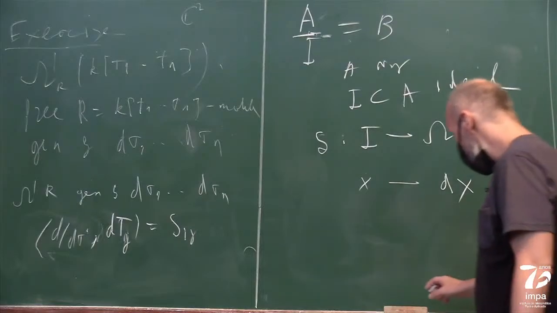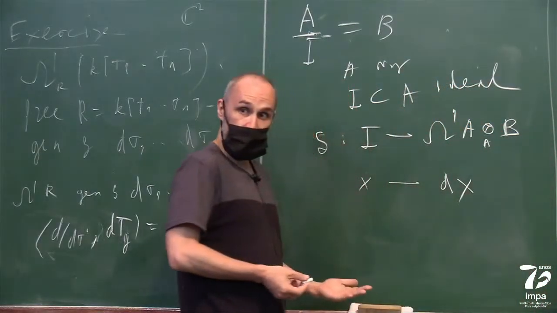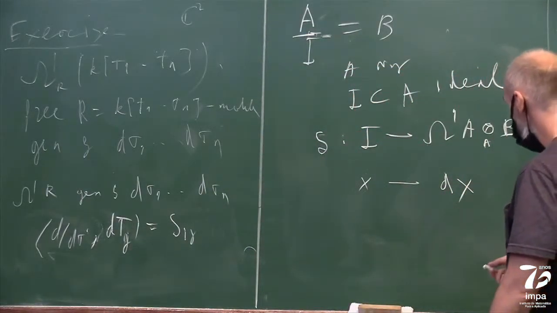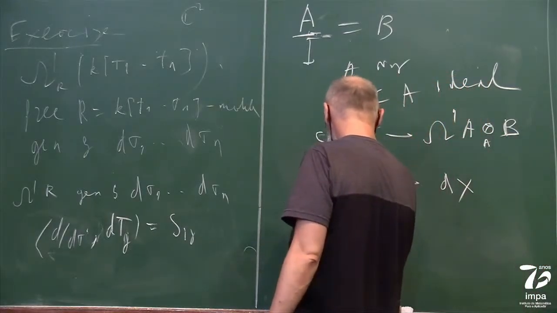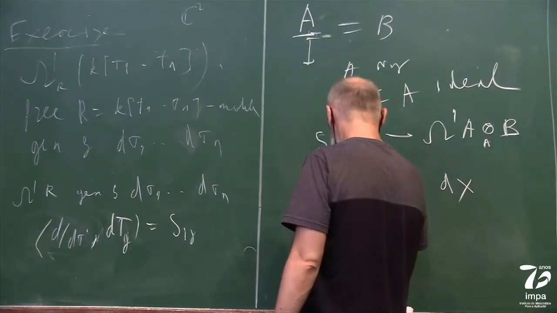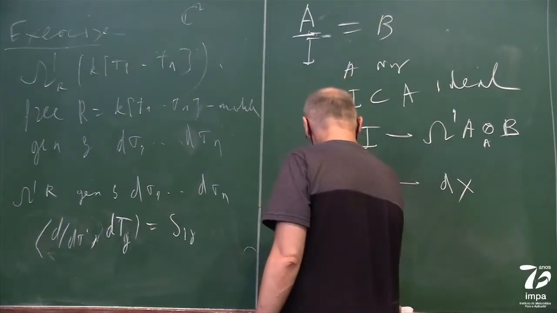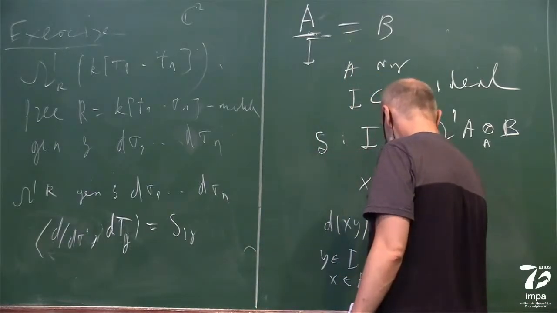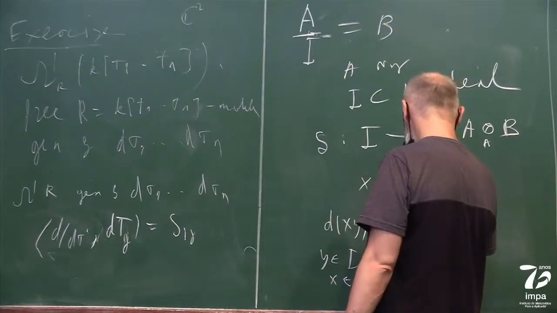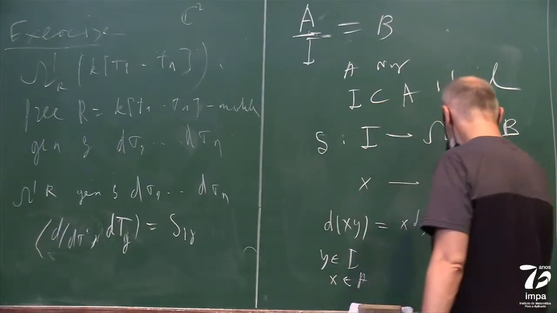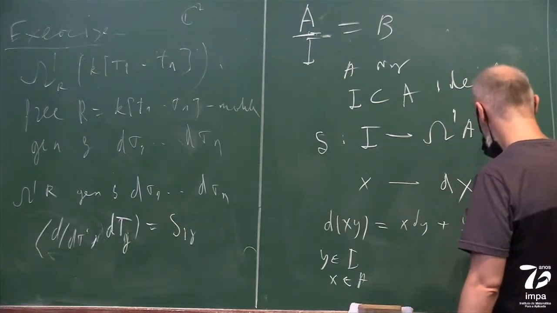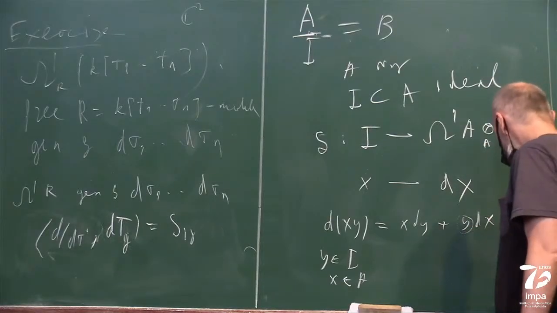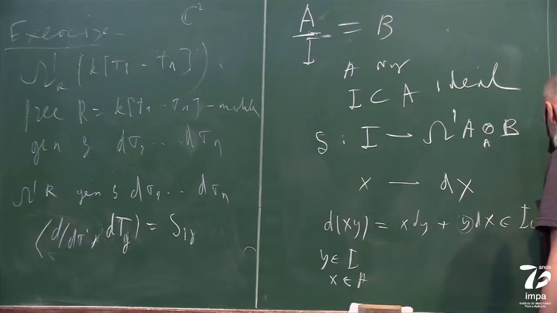Of course, you need to check that it is linear, otherwise it doesn't make much sense. To see that it is linear, if you have d of xy, where y belongs to I and x belongs to A, this is equal to x dy, this is linear, plus y dx. Okay, y dx belongs to I omega 1A.